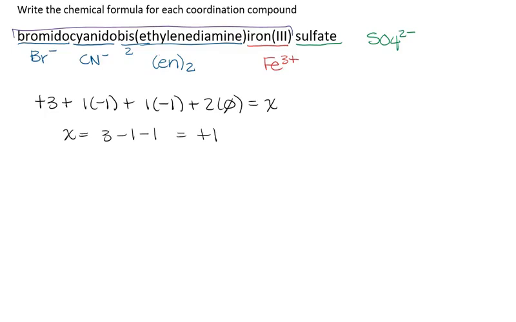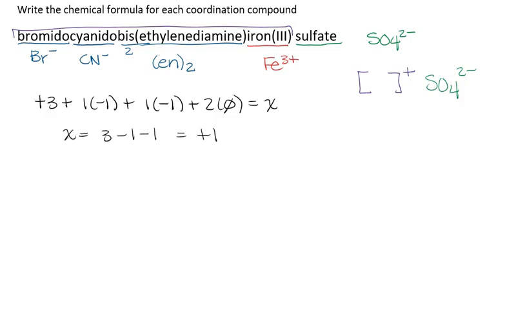So once I figure out what my chemical formula looks like for my complex, I know that my cation is going to have a +1 and my anion has a -2. So when you write the ions side by side like that, you can see very clearly how they combine, and that you'll have to use that crisscross method like we used when we learned about ionic compounds.